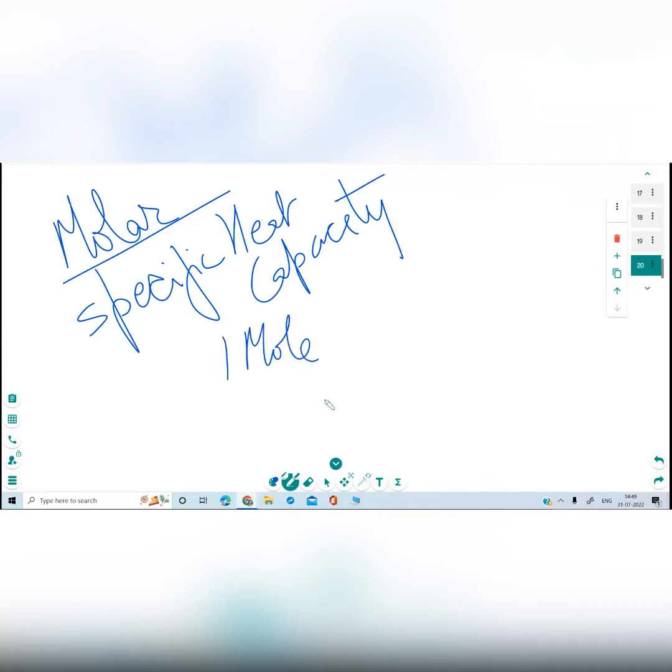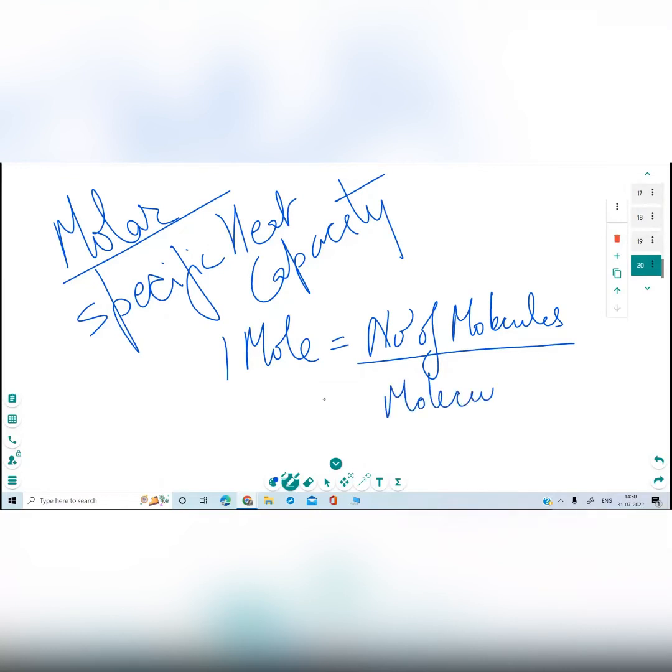From chemistry you must be knowing: the number of molecules over molar mass, is it? Molecular mass. Yes. Correct. This is 1 mole.